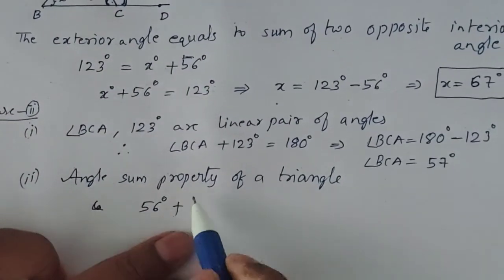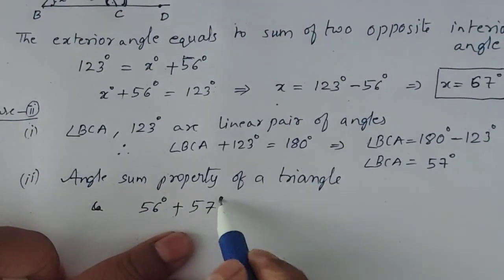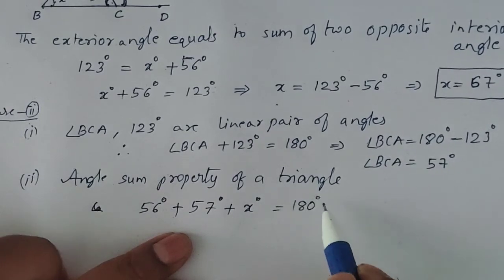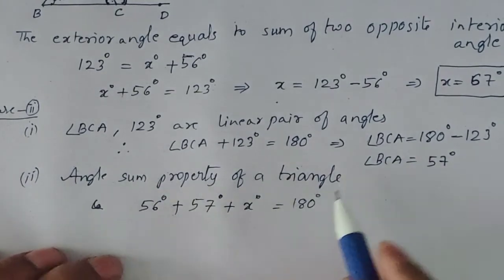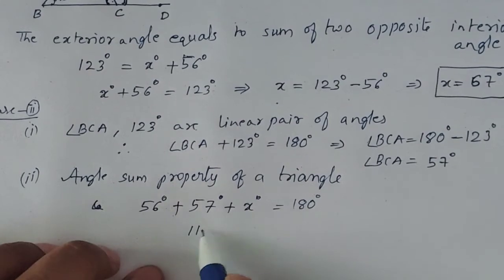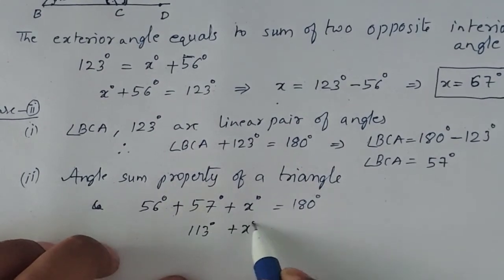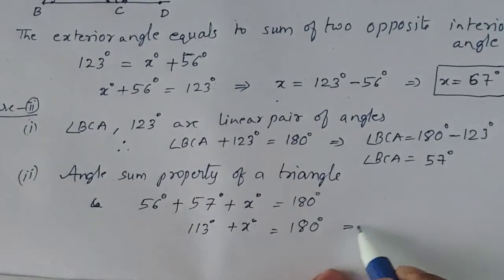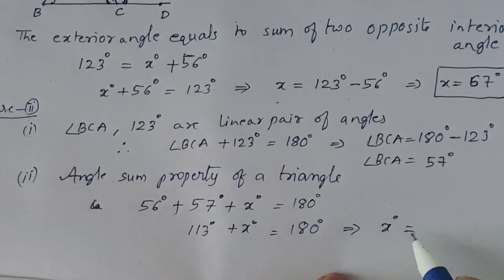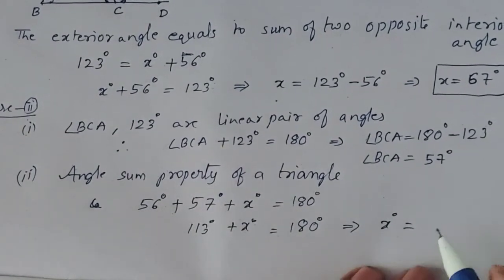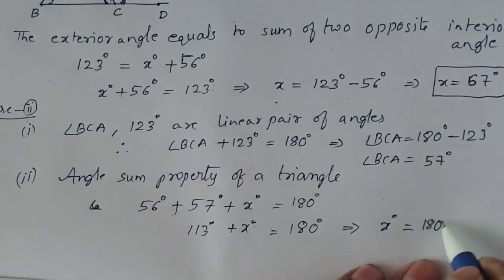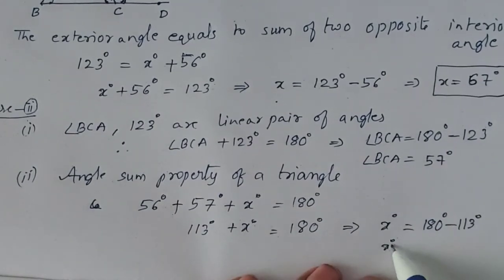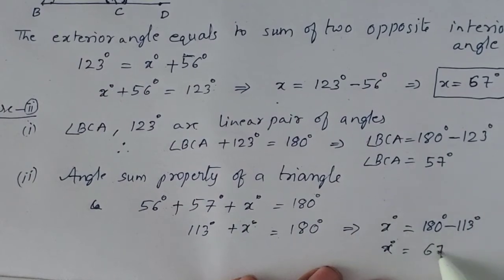So 56 plus 57 degrees plus x degrees equals 180 degrees. These two become 113 degrees plus x degrees equals 180 degrees. That implies if you transpose 113 to the right hand side, x equals 180 degrees minus 113 degrees, which is 67 degrees.